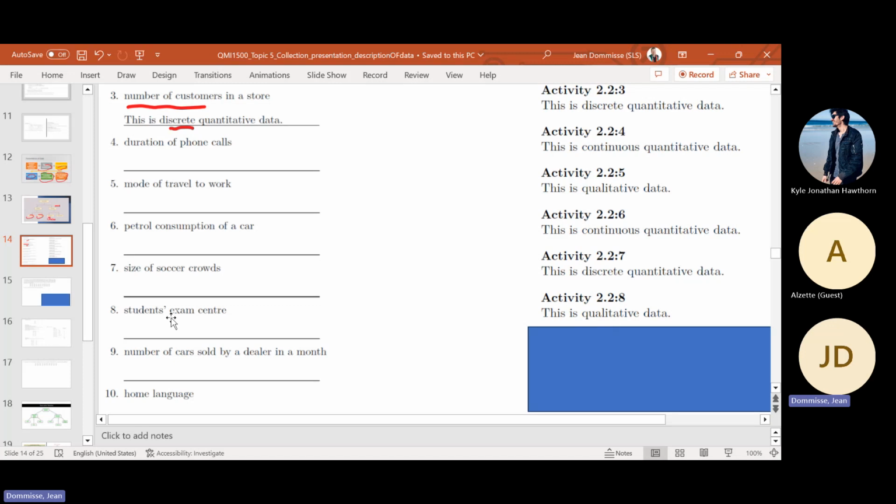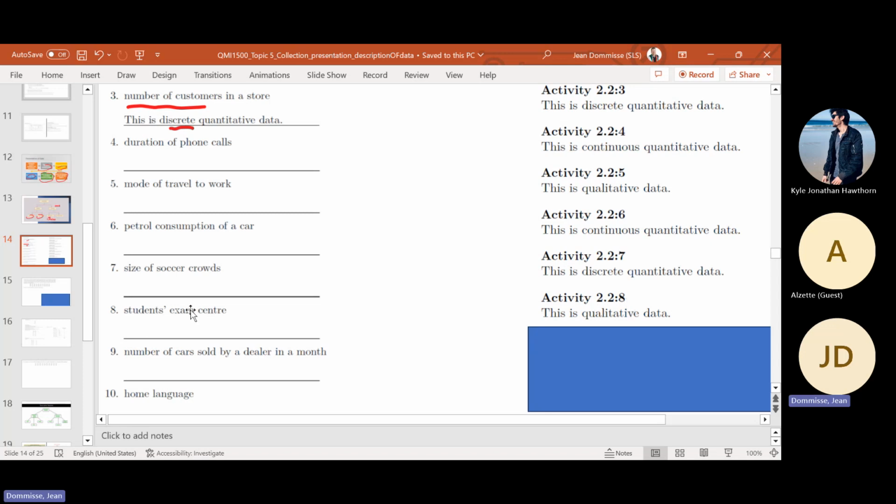Okay, this is an interesting one because I really don't know. So it's not number of, so that's why we can't go quantitative. So I assume it is more faculty kind of or names of exam centers, which make it qualitative.